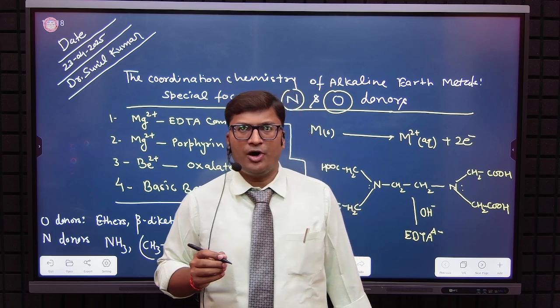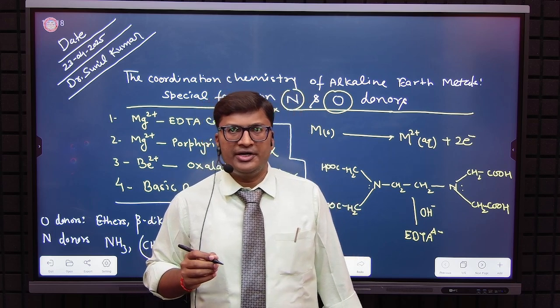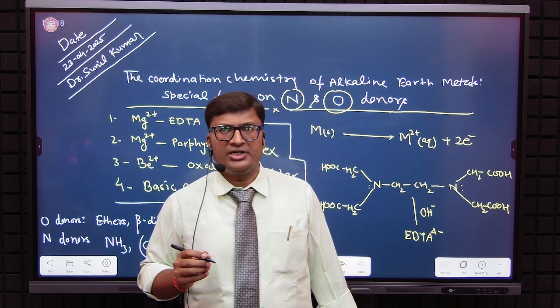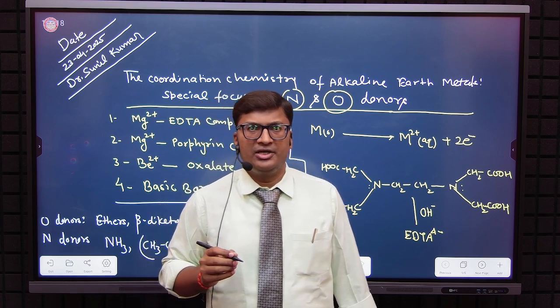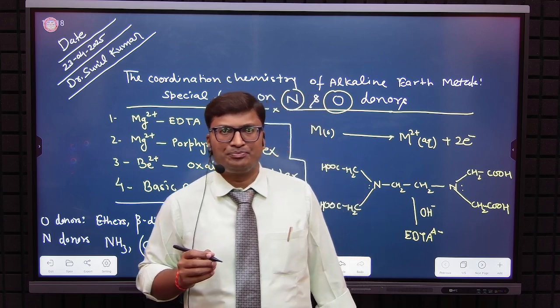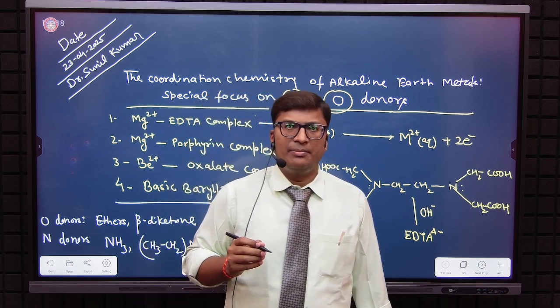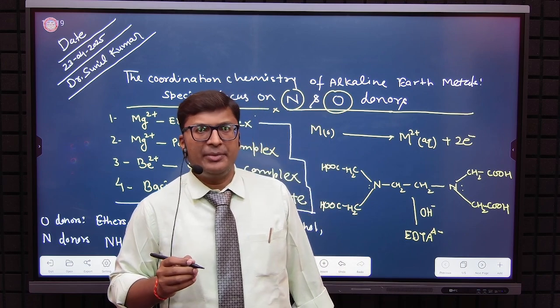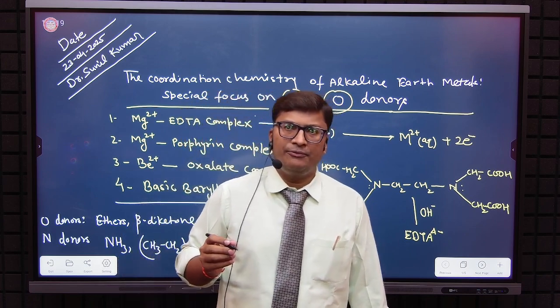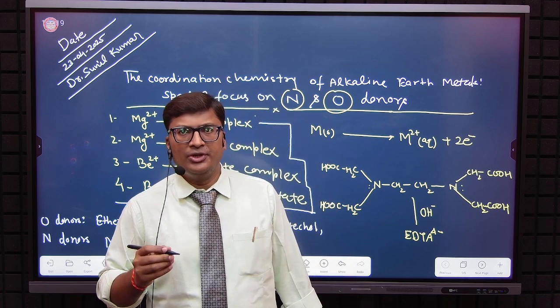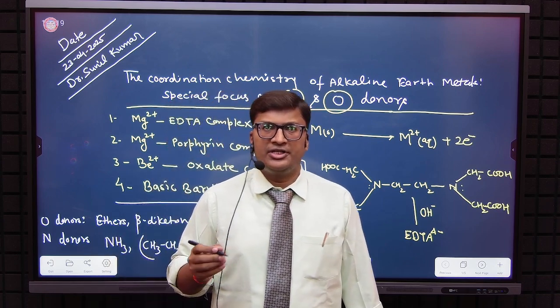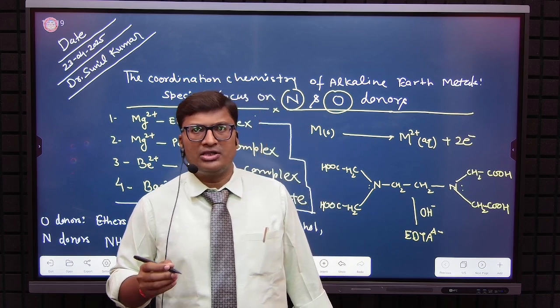Today I have brought a more interesting and exciting topic in inorganic chemistry, that is coordination chemistry of alkaline earth metals. As in the previous lectures, we have given a clue about the complex formation tendency of alkaline earth metals.